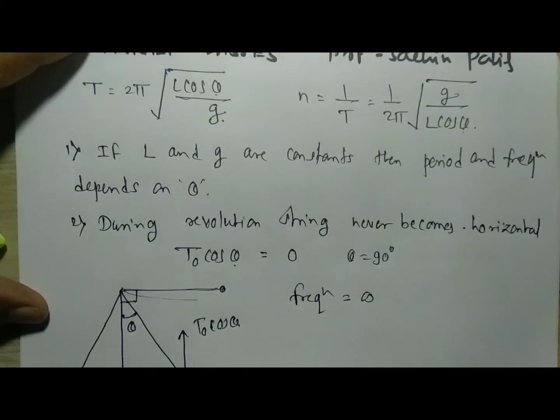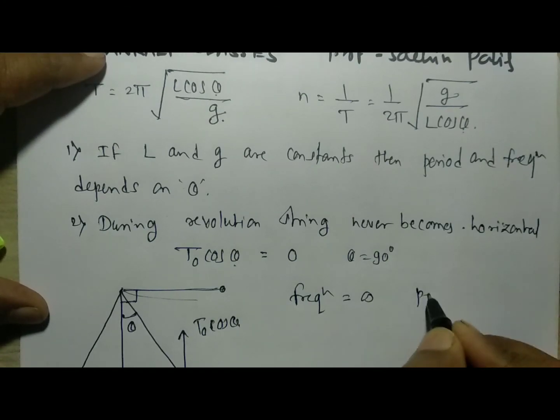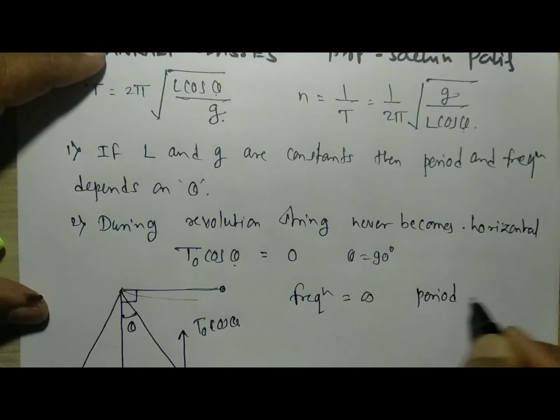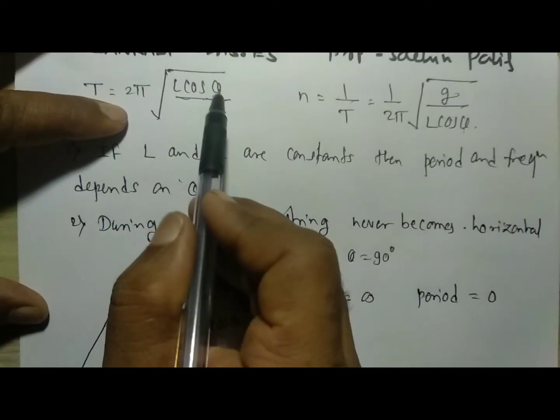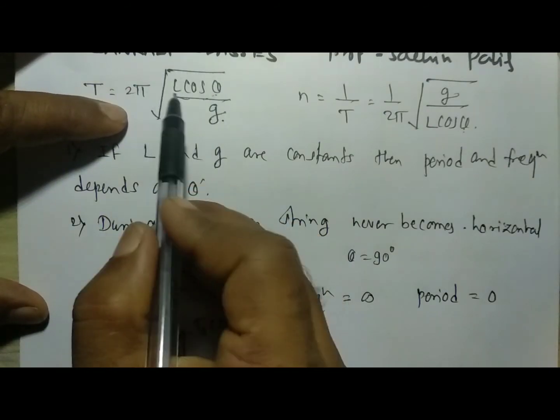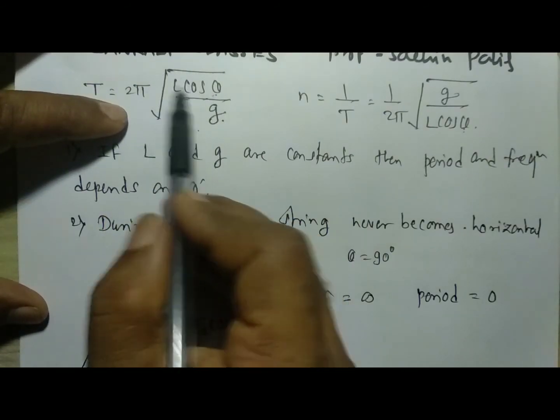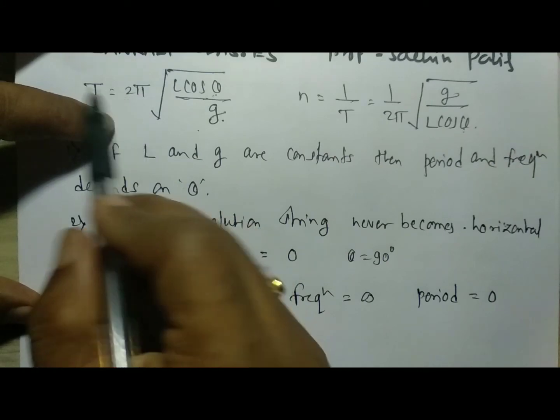Frequency becomes infinity, period becomes 0. Because the period depends on L cos θ, and at θ equal to 90 degrees this value is 0, 0 divided by g is 0, the square root of 0 is 0, and 0 times 2π is equal to 0.